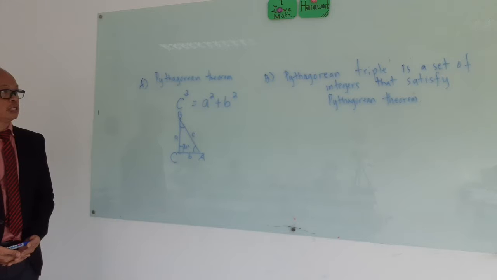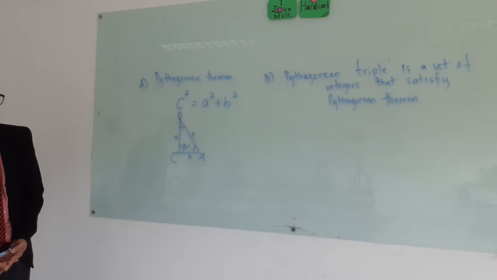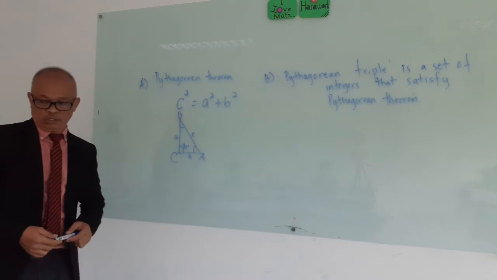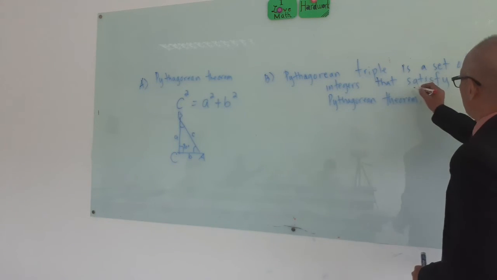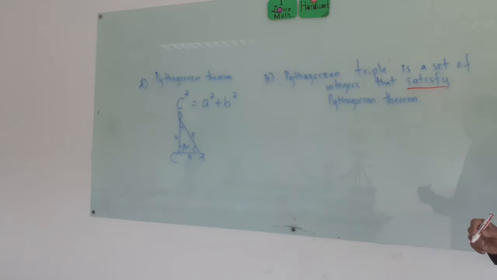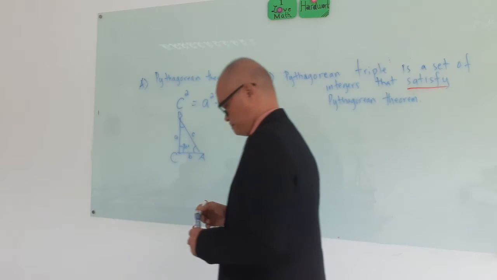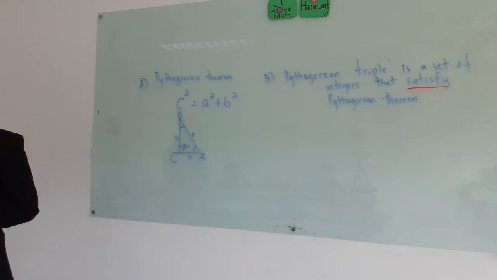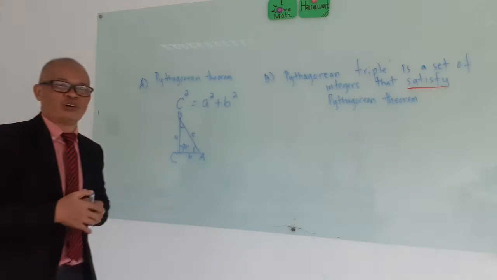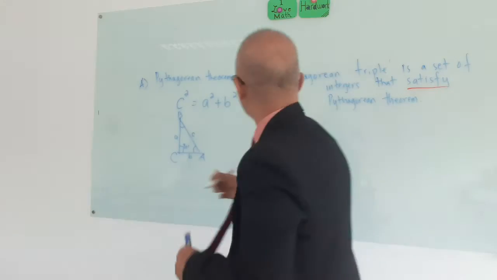Pythagorean triple is a set of integers that satisfy the Pythagorean theorem. Any other words for satisfy? Meaning what? Like true, not false. What else? Equal. Okay.